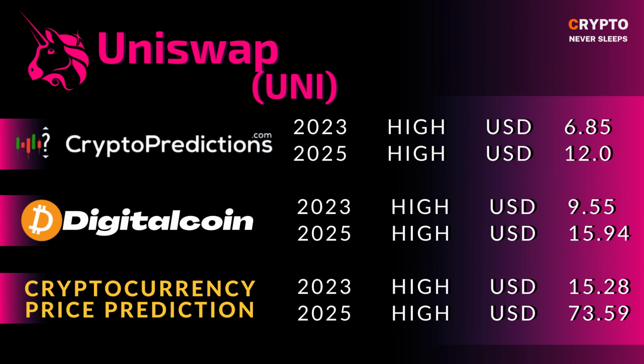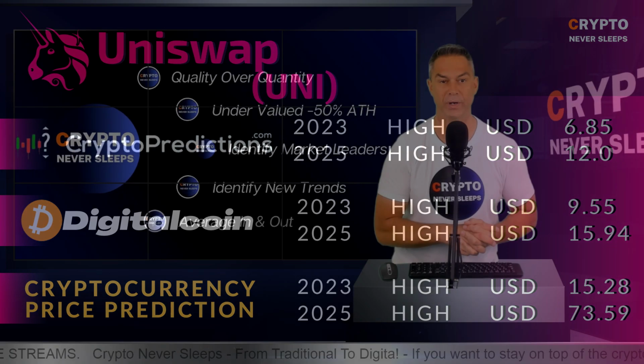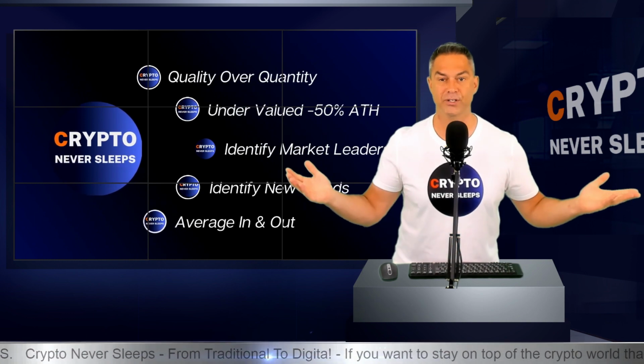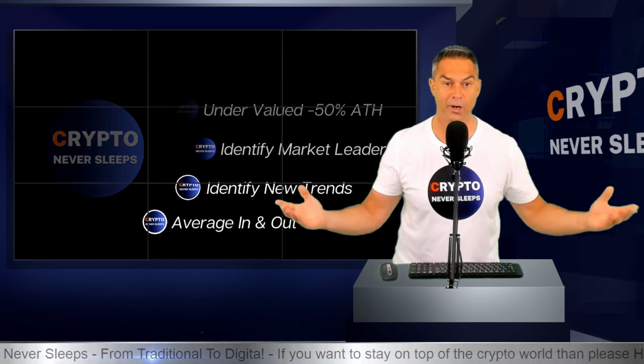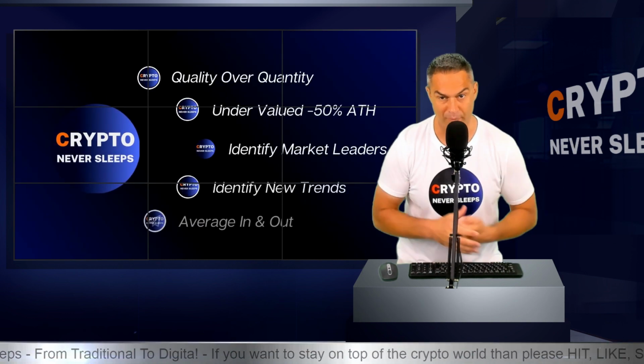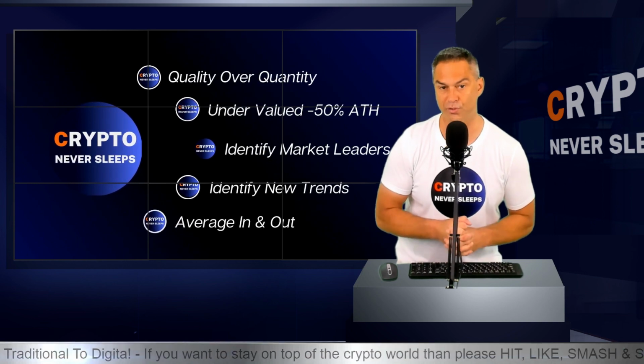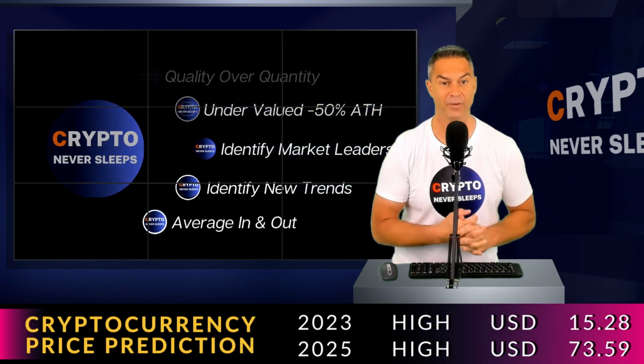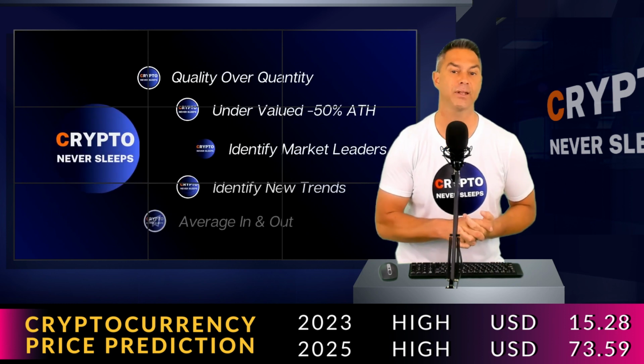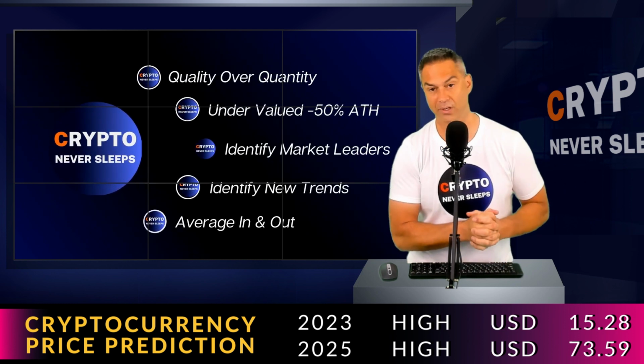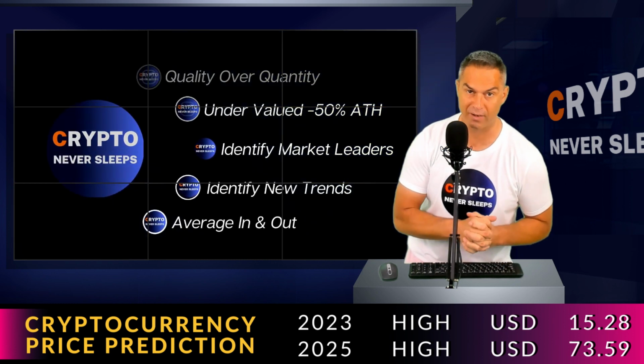The second one comes from digitalcoin.com, and they predict that the price will hit $9.55 in 2023 and $15.94 in 2025. Now, the last prediction comes from cryptocurrencyprediction.com, and they're basing their future price prediction on a fundamental approach. And they're seeing a high in 2023 of $15.28, and listen to this, $73.59 in 2025.